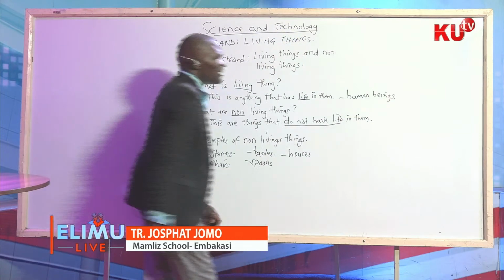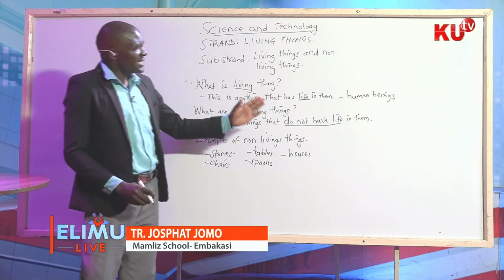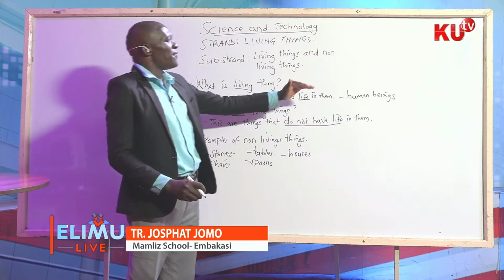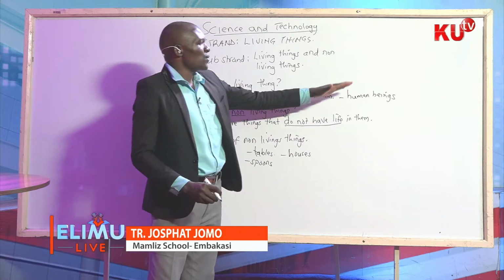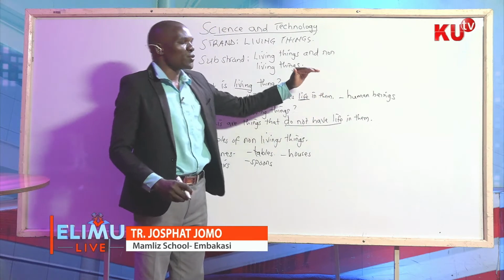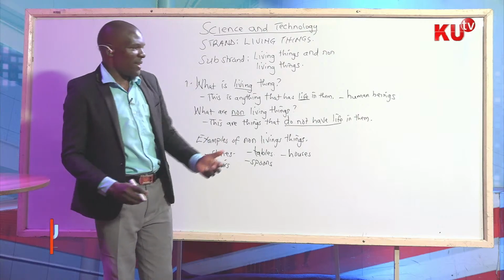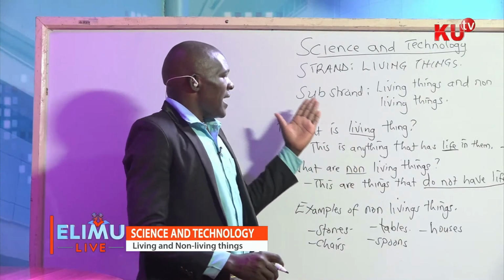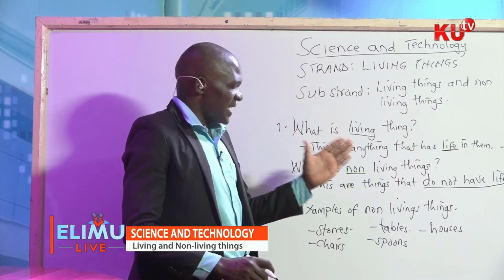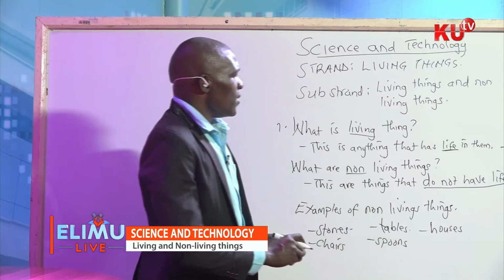Human beings always have life in them. They are able to walk. They are able to remove waste. They are able to adapt to various environments. And so, when you are asked to give the meaning of a living thing, you should be able to give it.